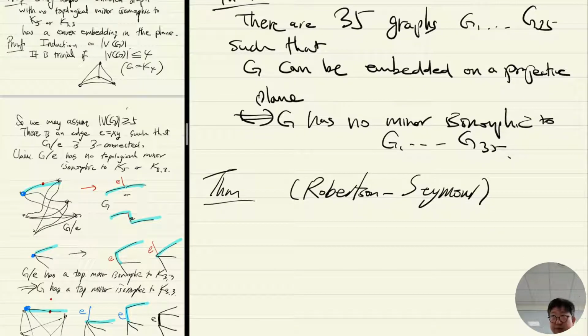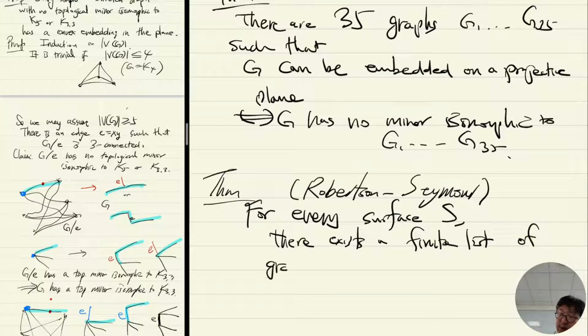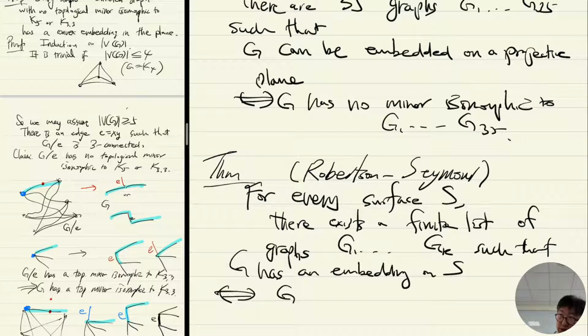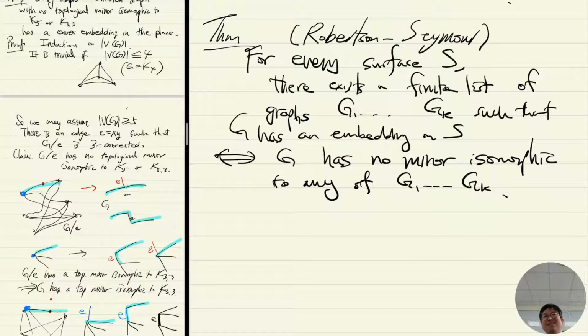And there is a direct proof, but it says that for every surface S, there exists a finite list of graphs G1 up to GK, such that G has an embedding on S if and only if G has no minor isomorphic to any of G1 up to GK. All right, so that's a surprising result.